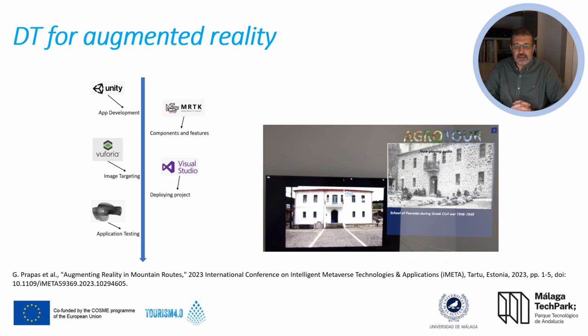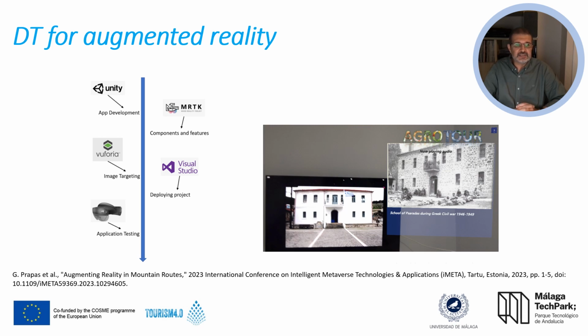In this case, the building has a QR code. If you point your mobile phone to this QR code, it shows you a video and audio explaining the story of the building.